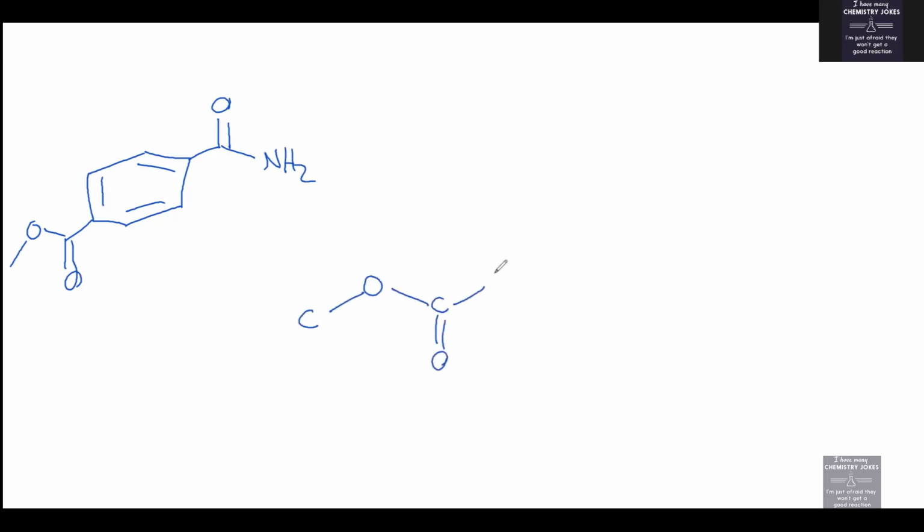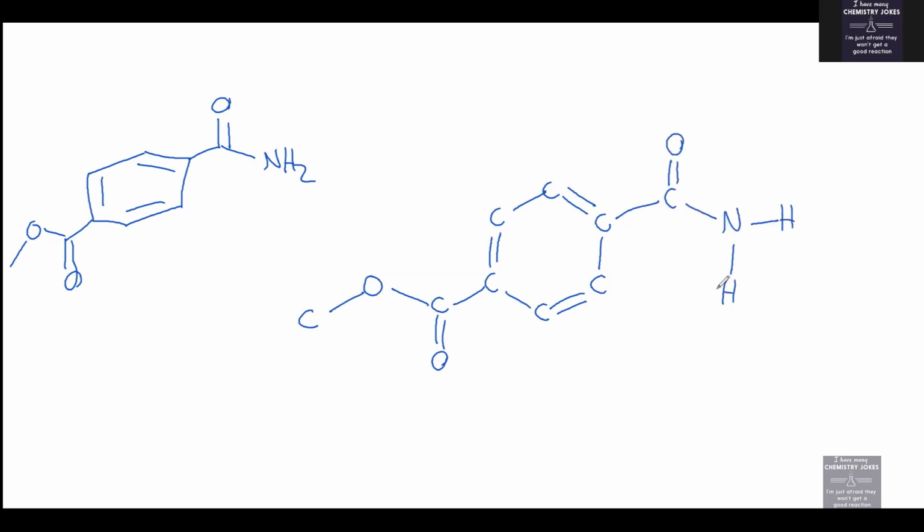I'm setting up the same sort of framework that I did for the last example, keeping my stuff in the same orientation as it is in my given example, but I'm just putting carbons in at all of the intersections and endpoints. Done. Then I go back and fill in hydrogens.